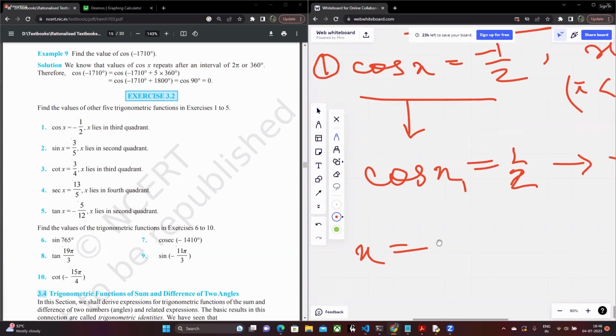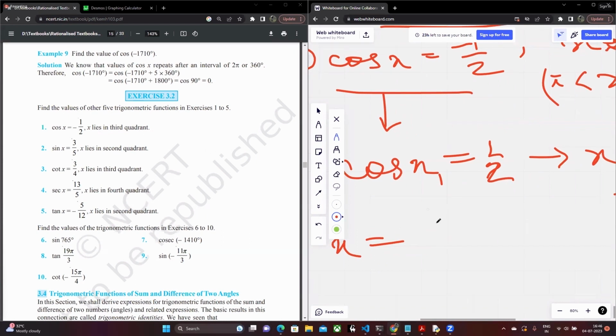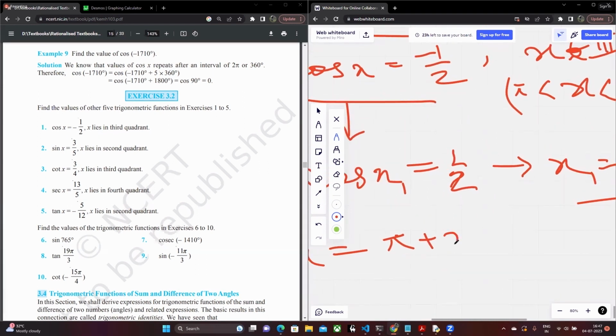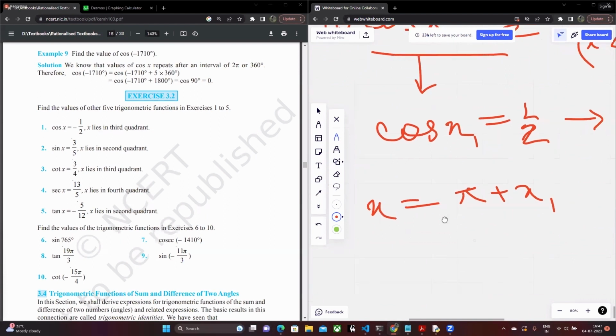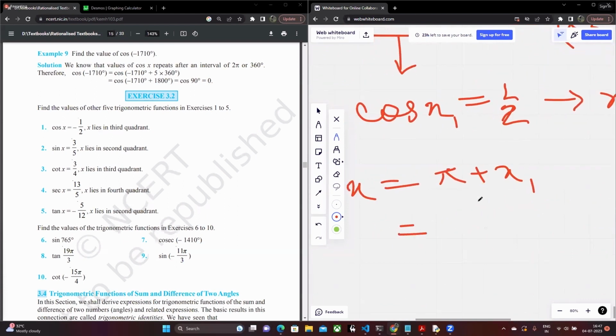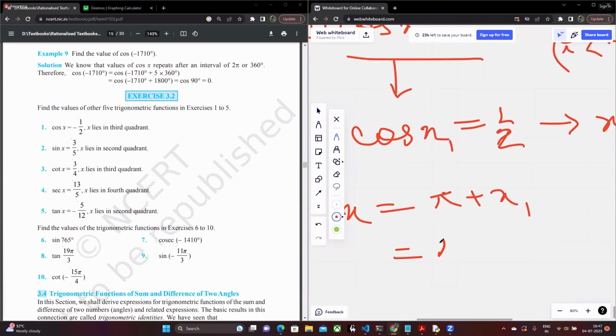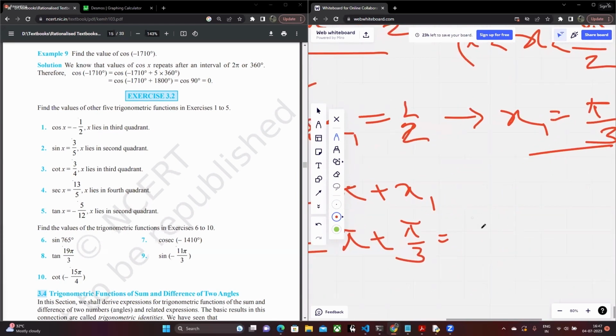So x is basically pi plus x1, right? So we have x to be pi plus pi by 3, which is 4 pi by 3. You can plug this in and check.